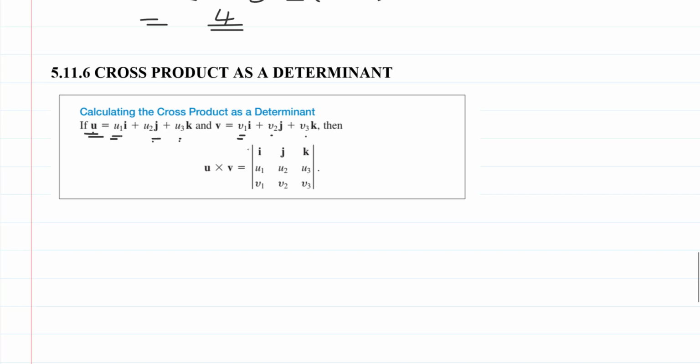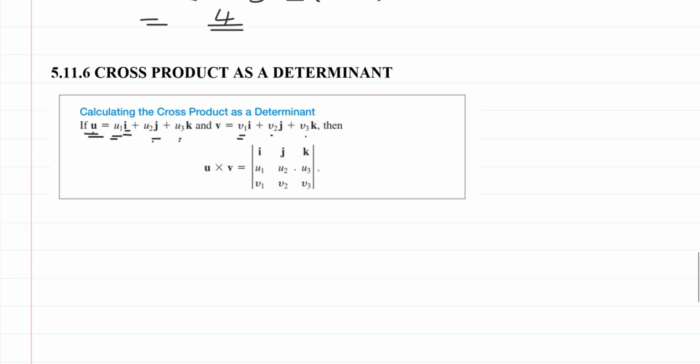So how would we construct this matrix? The first row, as we can all guess, because remember we're using the first row as pivot, will consist of the standard unit vectors i, j, and k.